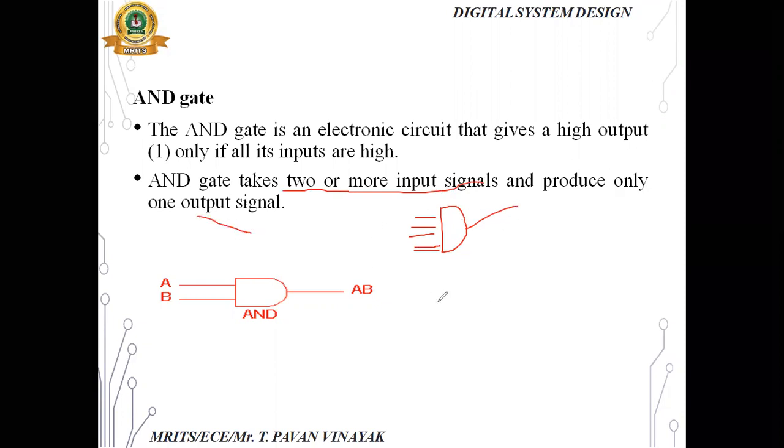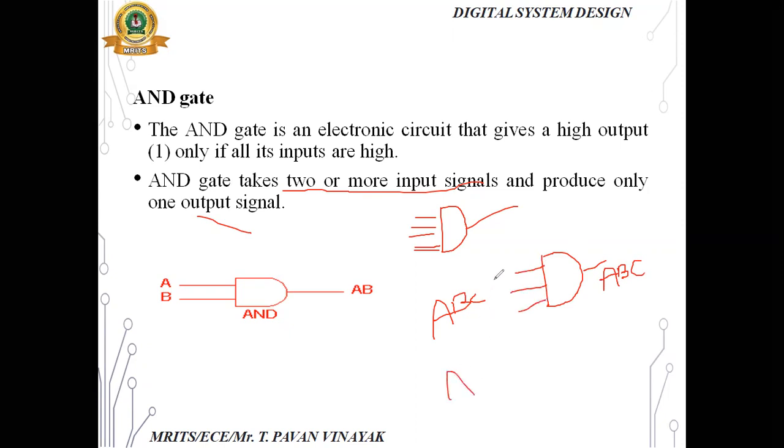Suppose for two variables I am using an AND gate. Here I want three variables a, b, c. This is one AND gate. Inputs are a, b, c, and output is a, b and c.